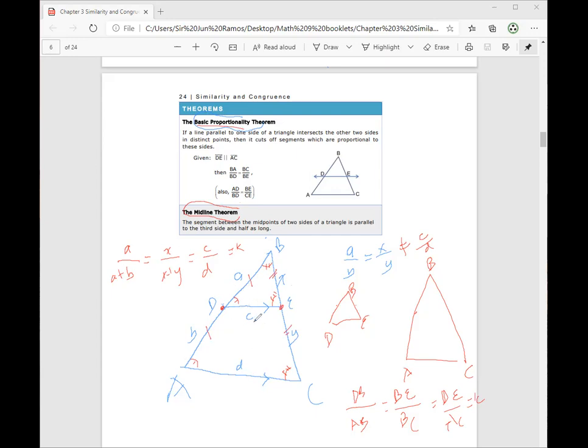And if that happens, then this length here, D, is actually 2 times this length, C. So D here is equal to 2C. That's exactly what the midline theorem is trying to say. If B and E are the midpoints, then the length here, C, is half of this one, D here.